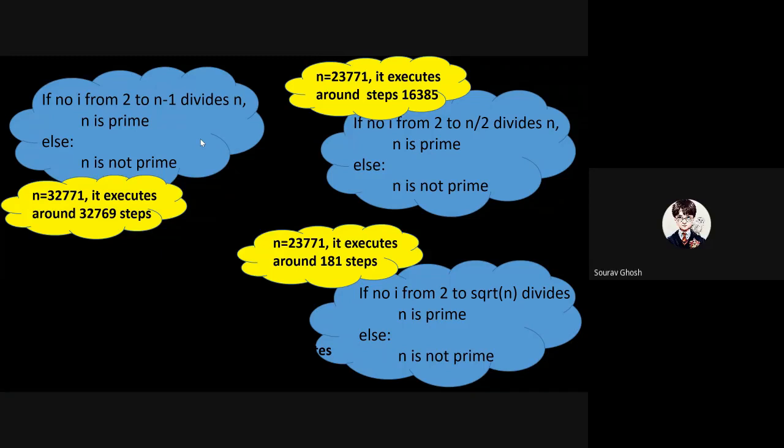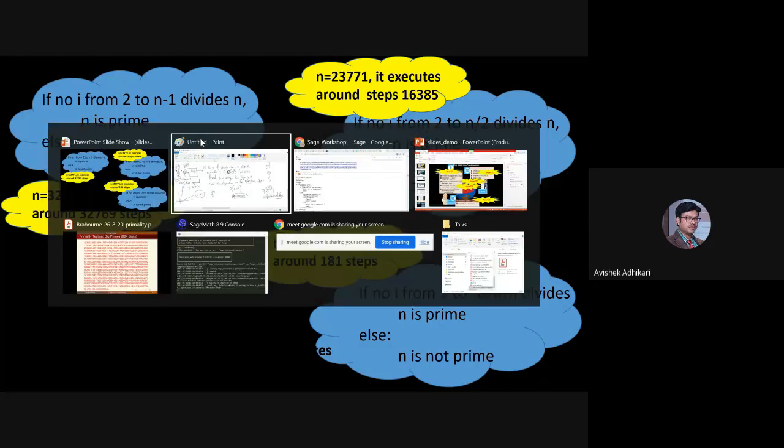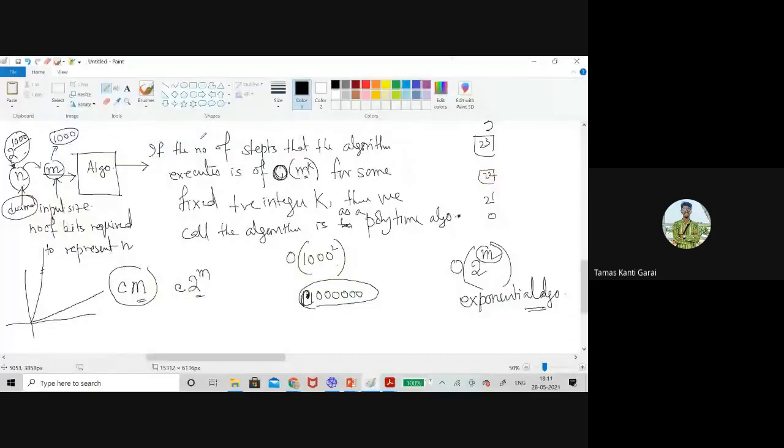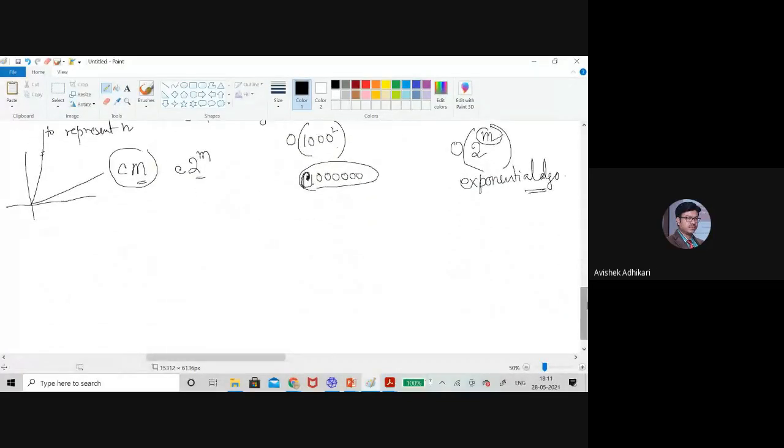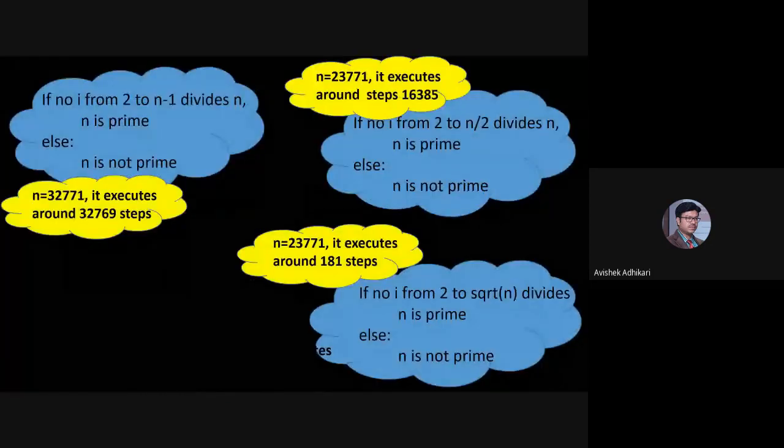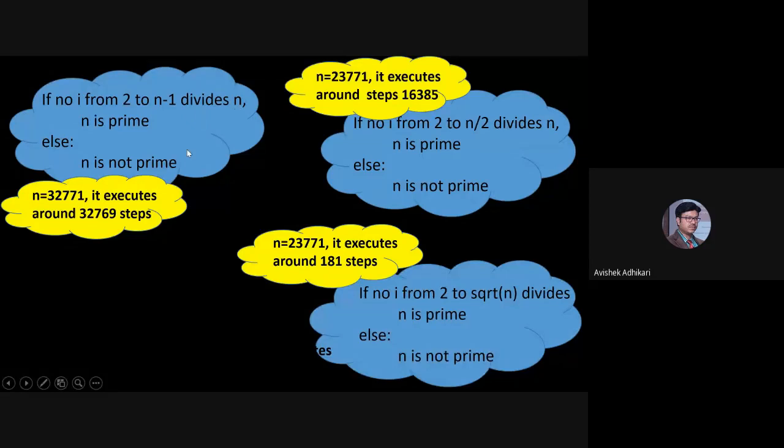Here n is not fixed. Is this algorithm polynomial time? Okay, somebody says this is a polynomial time algorithm.